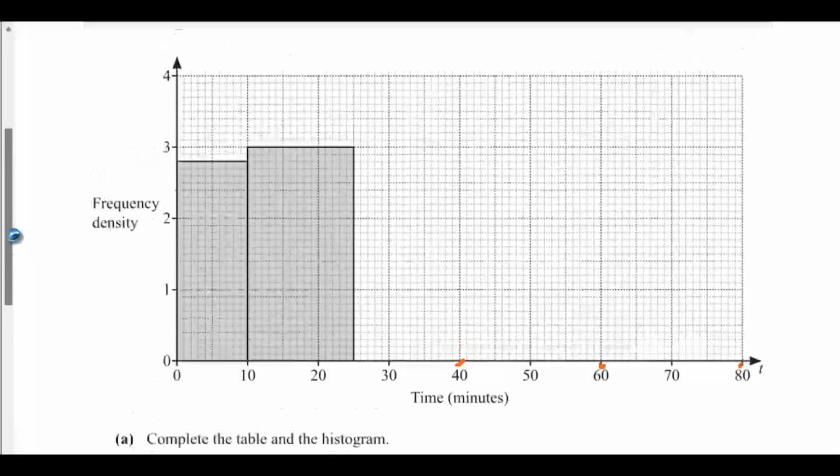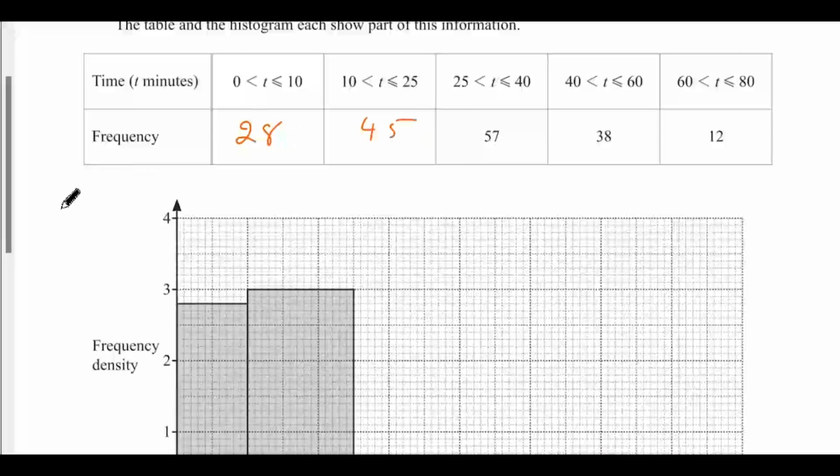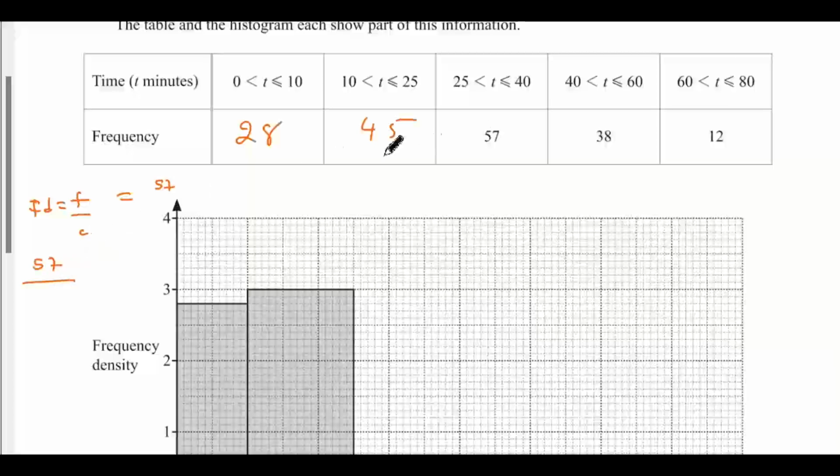Okay, so let's start with the first one. We need to get the frequency density of this one. The frequency density will be equal to frequency over the class size. So for this one the frequency is 57, divided by the class size, which will be 40 minus 25. 57 divided by 15 will give us 3.8.